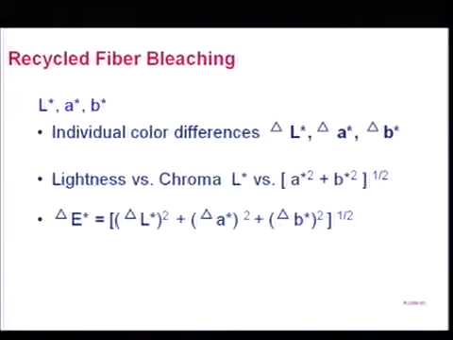Chroma is nothing but the square root of the A value differences before and after bleaching, and the B value differences before and after bleaching. Delta E is called color index. It accounts for lightness darkness difference and chromatic differences. So, you can see delta L, delta A and delta B differences, whole square root, gives you the color index.